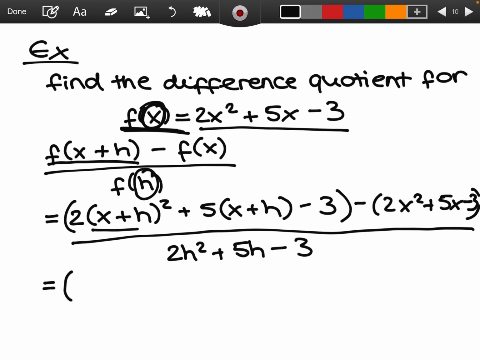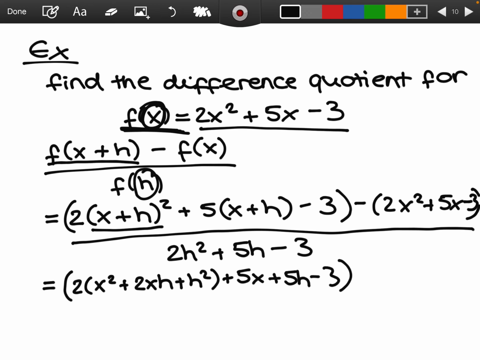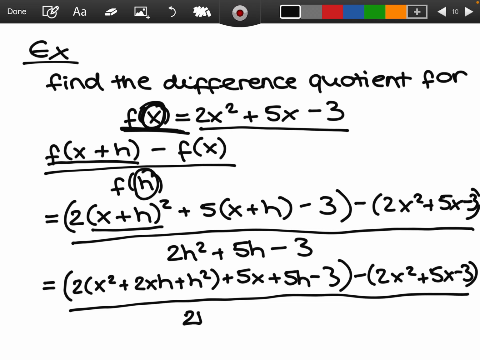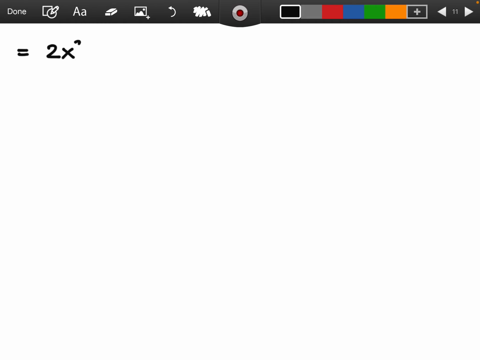What you do at this point is try and simplify down as much as possible. That means multiplying out parentheses. So for this first parentheses that I've got here, I've got to multiply this out. That will give me 2 times x squared plus 2xh plus h squared plus 5x plus 5h minus 3, minus 2x squared plus 5x minus 3, divided by 2h squared plus 5h minus 3. Keep multiplying this out. So now I've got to multiply out these parentheses.